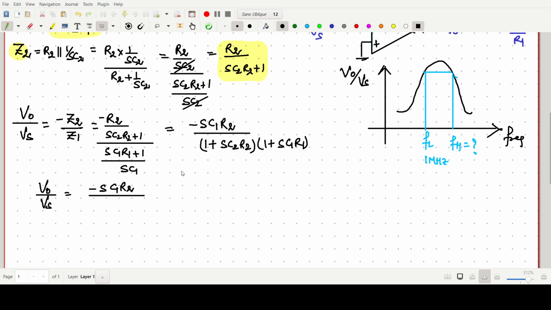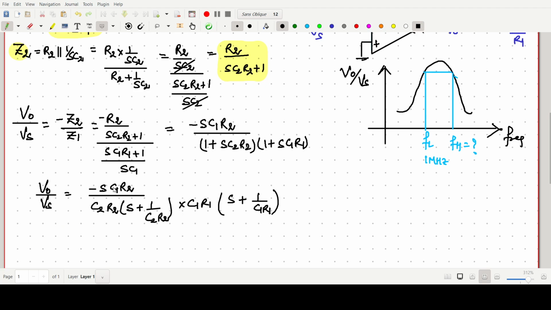Now we are taking c2 r2 common from the first part, so one can write s plus 1 by c2 r2, into, if we take c1 r1 common, s plus 1 by c1 r1.